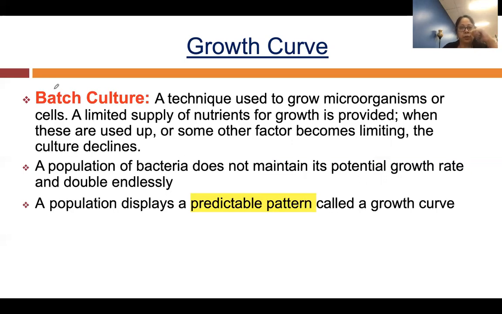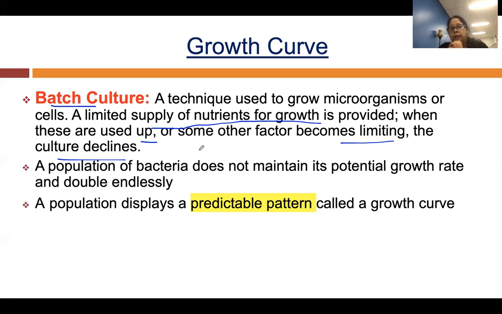In the lab, whatever culture and process we use, that's called batch culture. It is a technique used to grow microorganisms where a limited supply of nutrients is provided. When these are used up or some other factor becomes limiting, the culture declines. After a certain period of time, bacteria won't be able to grow, because all the sugar and proteins are going to be metabolized.